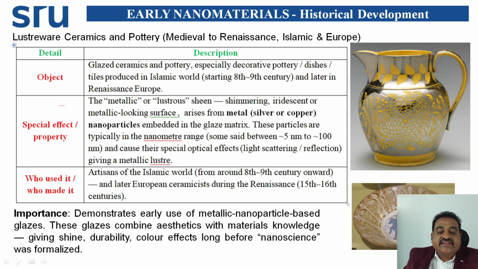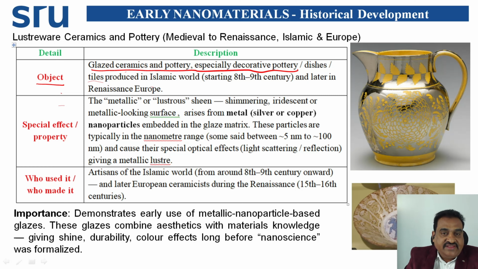This reflects early understanding of nanoscale light-matter interactions. So try to understand here, what is the object? You see here glazed ceramics and pottery, especially decorative pottery, dishes, and tiles produced in the Islamic world starting in the 8th to 9th century, and in Latin Europe.